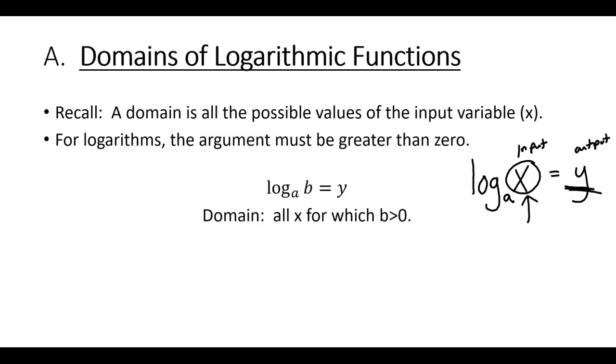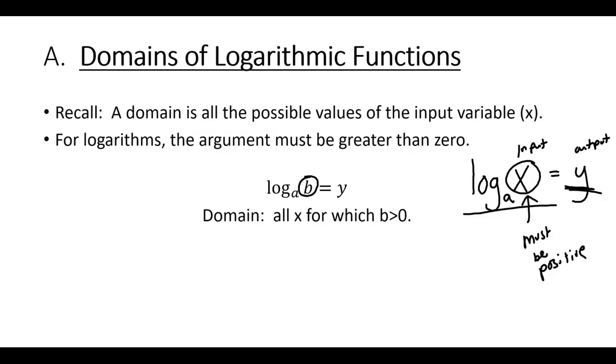Now, as you guys might recall, we've learned in other lessons that this number must be positive. I don't want you guys to think that that means that x has to be positive. For what I wrote right here, yes, x has to be positive. But what has to be positive is whatever the argument is. The argument may be x, or it may be something with an x in it.